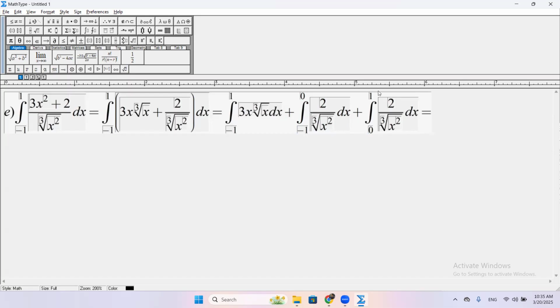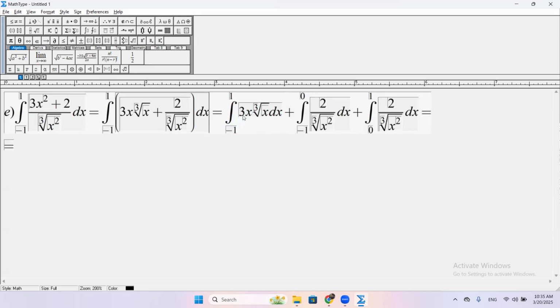Okay. By the way, these integrals converge because we have exponent p equal to 2 over 3, and it is less than 1. So we can calculate these integrals.